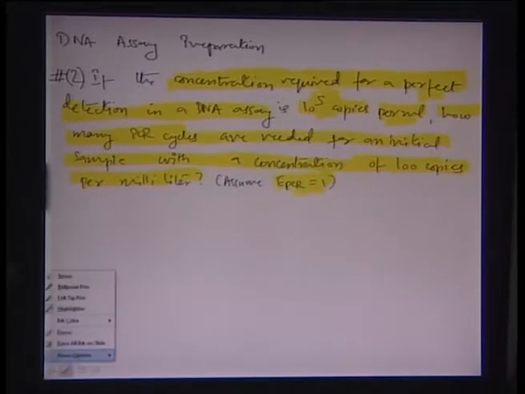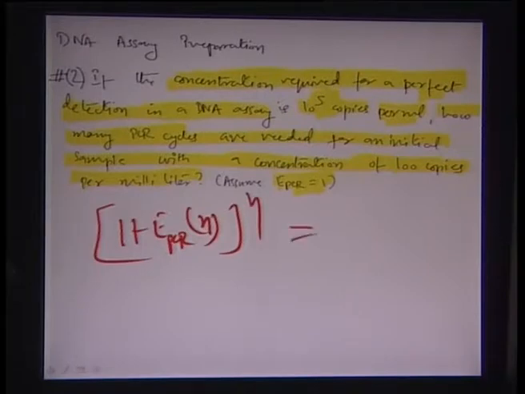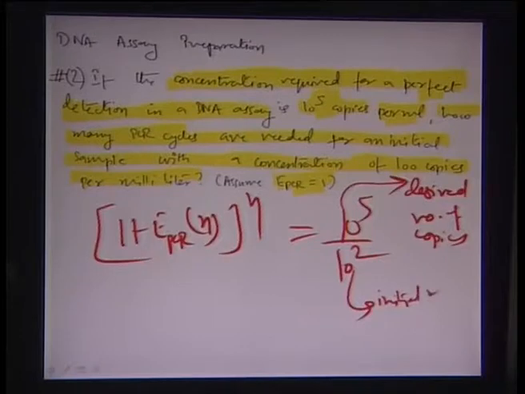So we write down this equation: (1 plus E_PCR(n)) to the power n is essentially 10 to the power 5 divided by 10 to the power 2. 10 to the power 5 is the desired number of copies at the end of the PCR process, and this is the initial sample, with E_PCR being 1.